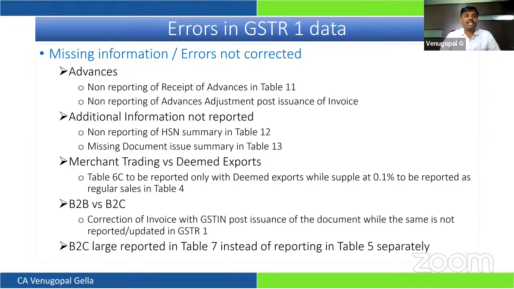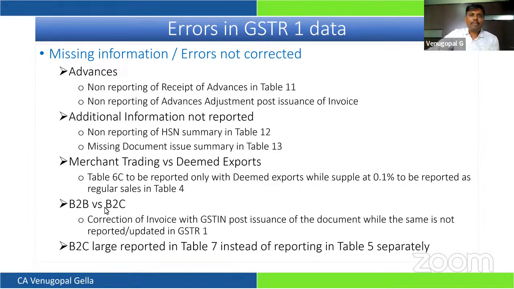Please report it in your GSTR1 so that I can take the credit of it. We all know the amendment now, since 1st January 2022, only the credits that are visible in GSTR2 are permitted to be availed. So you got to go and make these corrections.